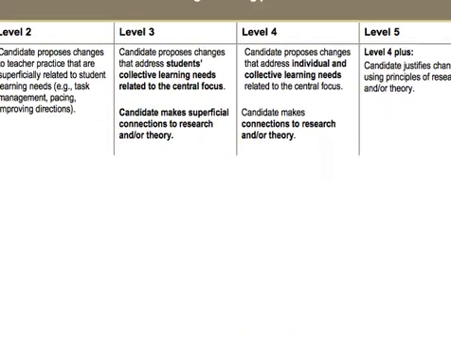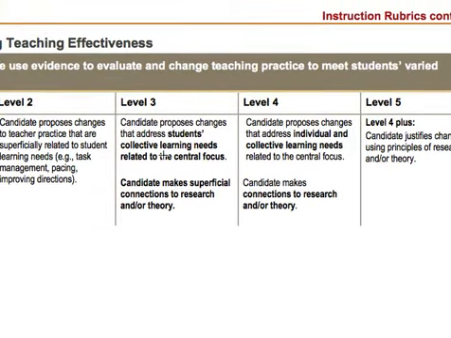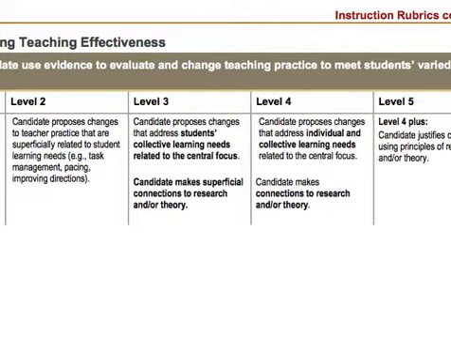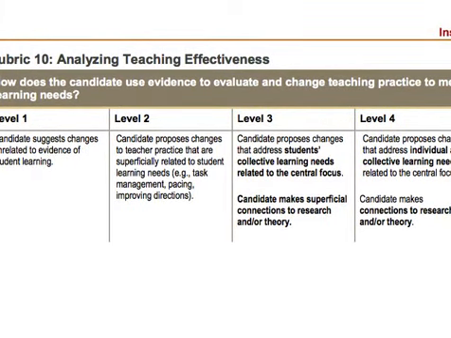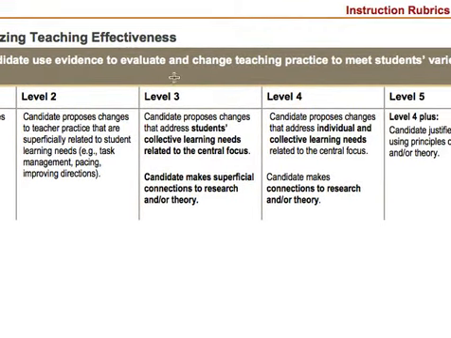But if we look at the rubric, and here we're looking at rubric 10, the 5th rubric in the instruction. Level 3 is that your proposed changes address the students' collective learning needs related to the central focus. So you're looking at, as a whole, how did the class do? How much were they engaged? How much progress did you make? What could I do to make it better?